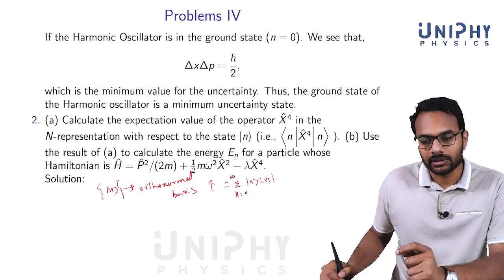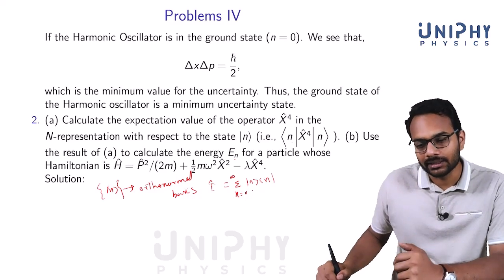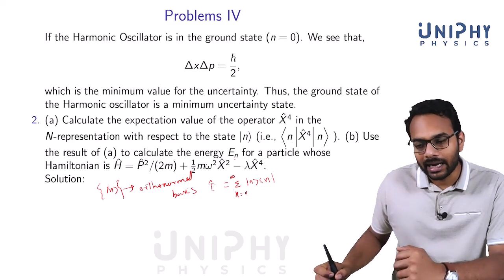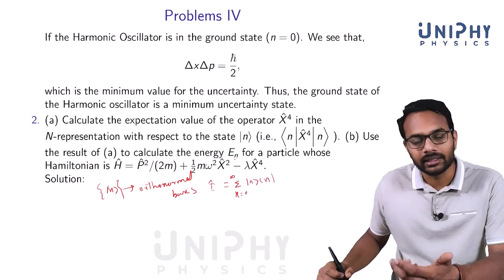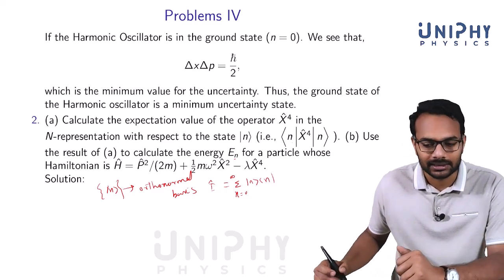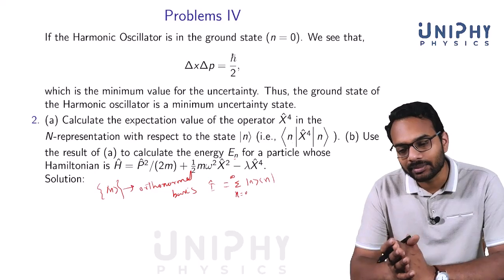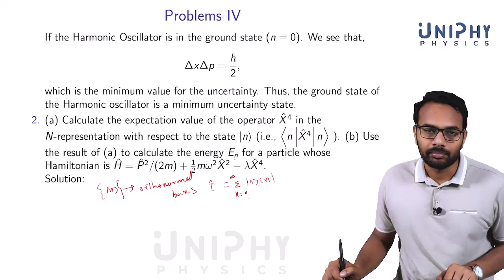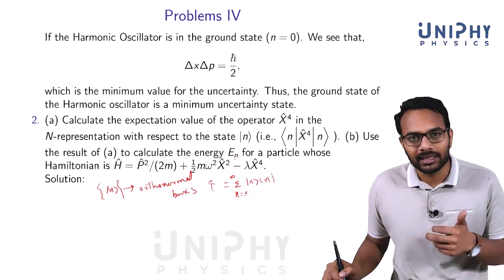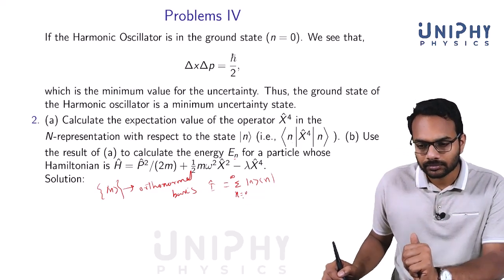If you take all these states and add up all these combinations, you should get the identity operator. This is known as the completeness relation. This means that any vector can be expanded in this particular basis.